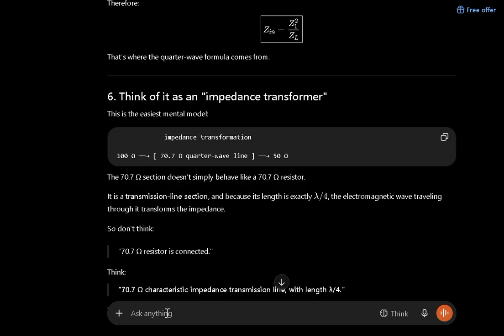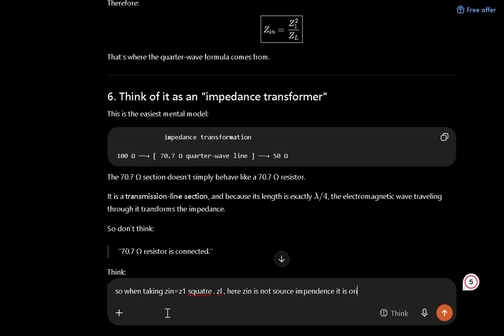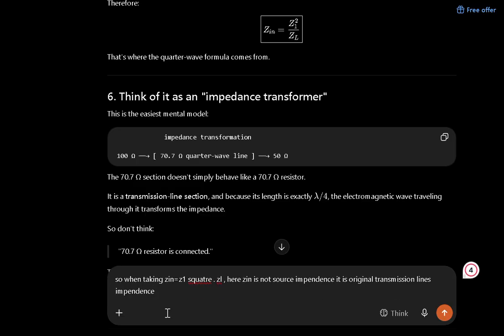So, when talking about Zn equals Z1 squared over ZL, here Zn is not the source impedance. It is the original transmission of impedance to make the impedance match.